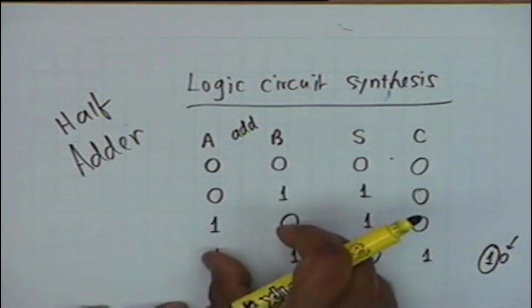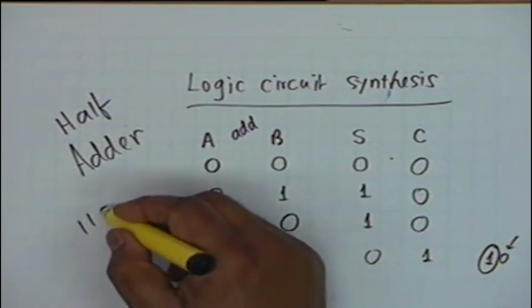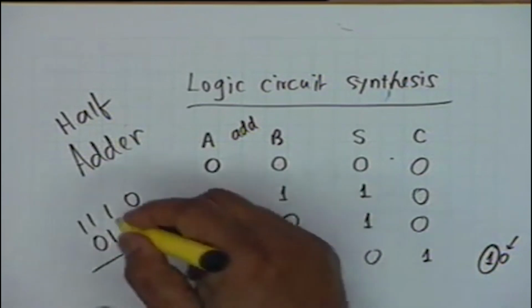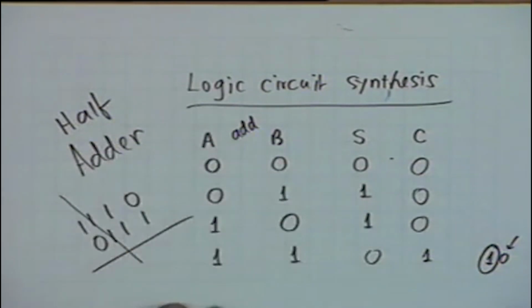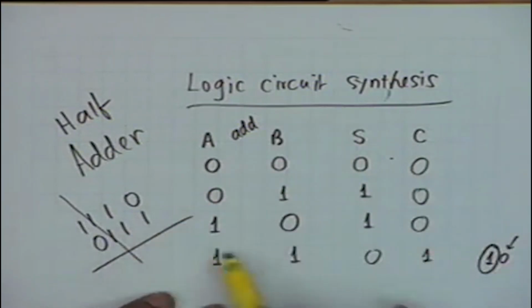This addition may be at a certain place in the addition. For example, 1 1 1 0 and 0 1 1 1. Now, if I add these two bits, I get a sum of 0 and a carry of 1, but the carry of the previous addition is not taken care of.